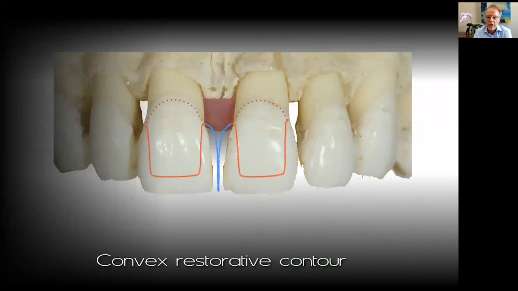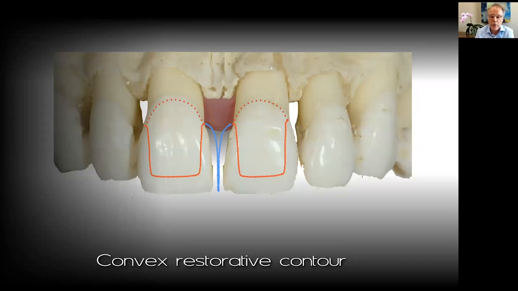Okay, so the convex restoration form is the essential part of the restorative phase. So here you're relying on the dental technician to make your veneers with the right shape. And where I'm going to go with this is, how do they know what is the right shape, and where do they need to position the gingival extent of the interdental contact?